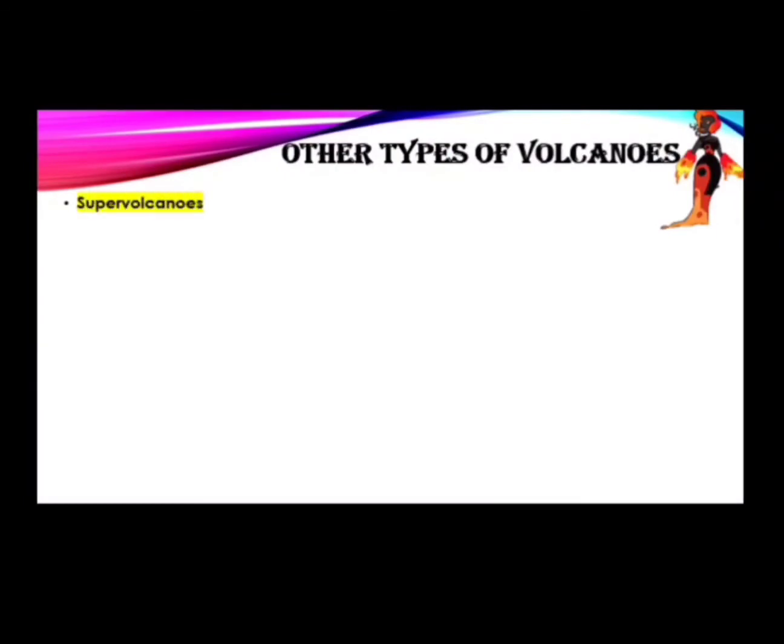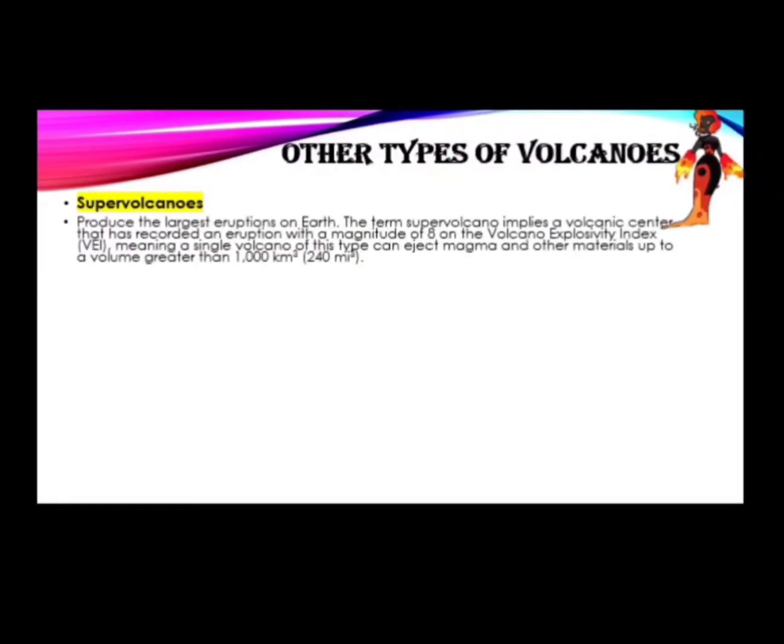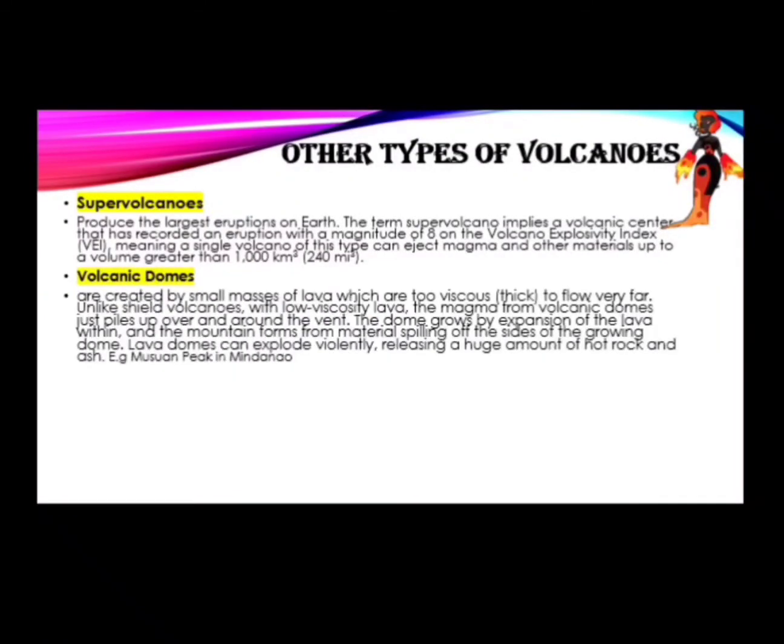Other types of volcanoes are supervolcanoes. It produces the largest eruptions on Earth. Volcanic domes are created by small masses of lava which are too viscous to flow very far. So, unlike shield volcanoes with low viscosity lava, the magma from volcanic domes just piles up over and around the vent.